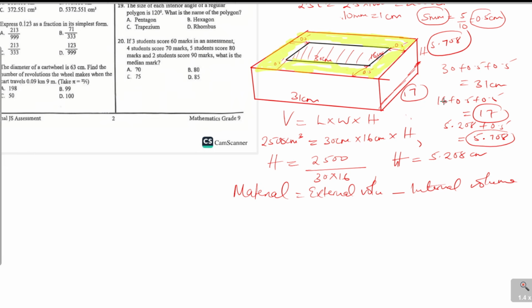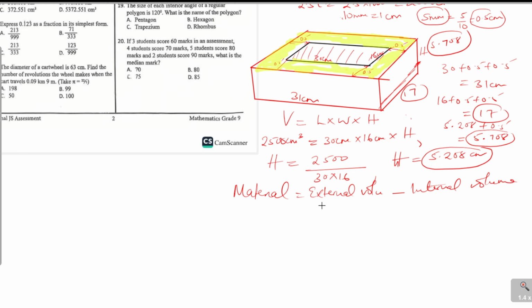Now what we got was the internal height. And in the internal height, we have already subtracted the thickness. There's a thickness that is below, but at the top we don't have the thickness. That is why for the height of the outer or the bigger cuboid, we have to add 0.5.